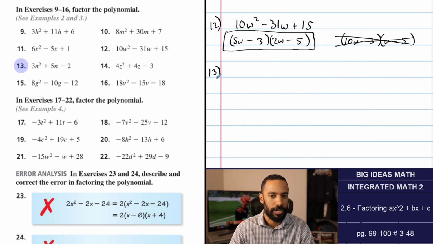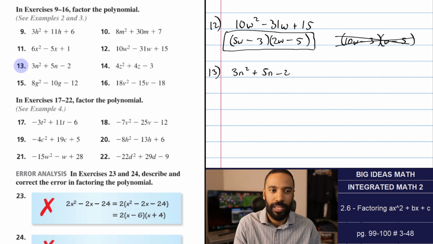By the way, I don't know if they mentioned that whole GCF, you can't put 5 in there, because I don't know if they did test those or not. I have no idea. I don't remember. 3n squared plus 5n minus 2. You know what? Let me check that. Give me 1 second. I want to try something. I want to see something. I'm going to go back. I want to see what they did on some of these here.